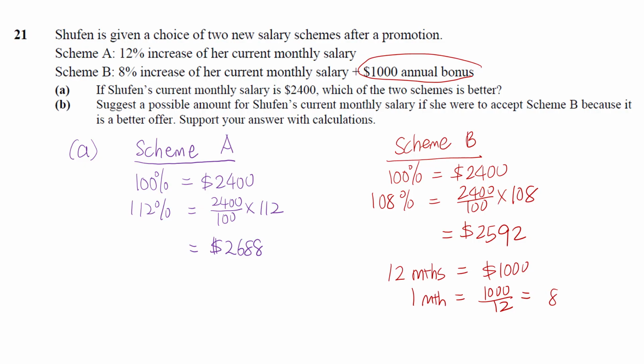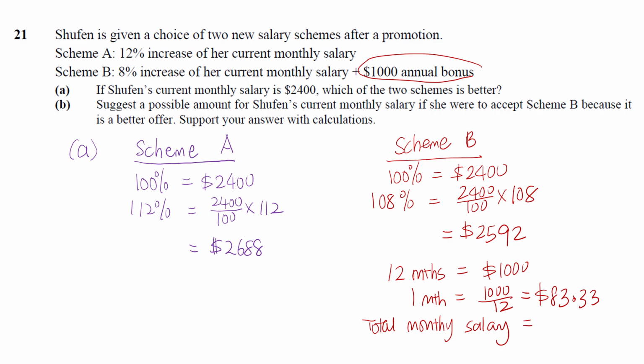You see, there I go again. The dollar sign has only one vertical line. 83.33.